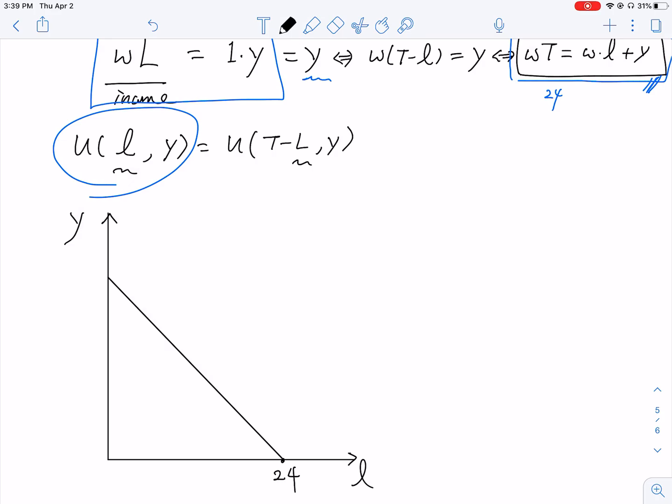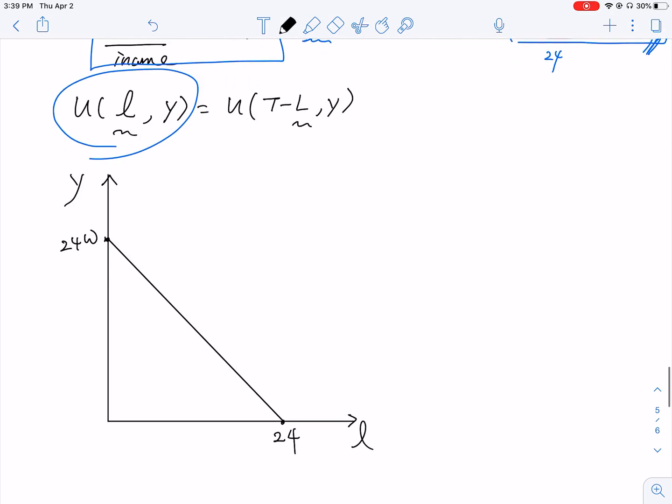On the other hand, if you take zero leisure, that means you're working 24 hours, so you have 24 times W as money. So this will be how much you can spend on the composite good. And indifference curves are like that.